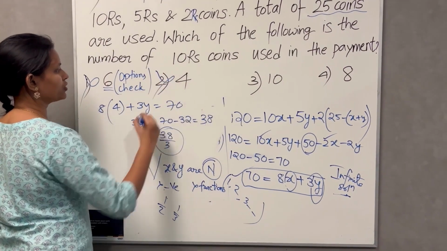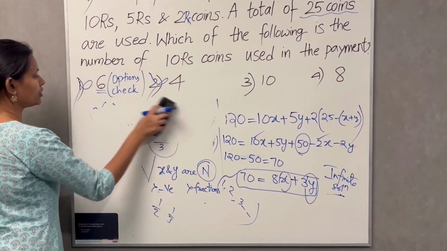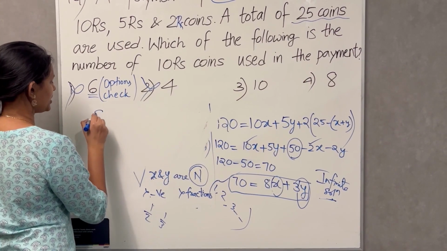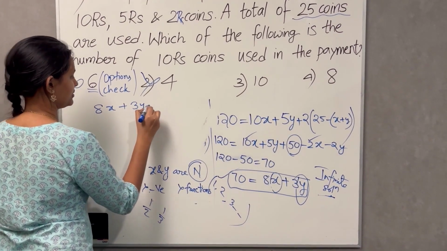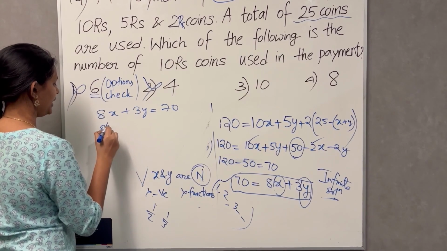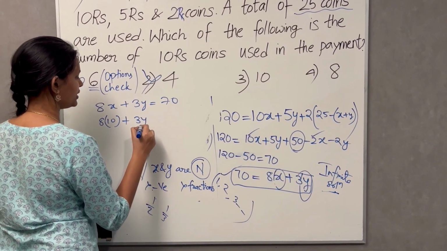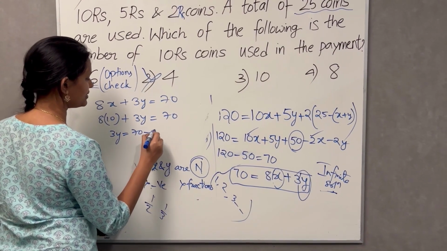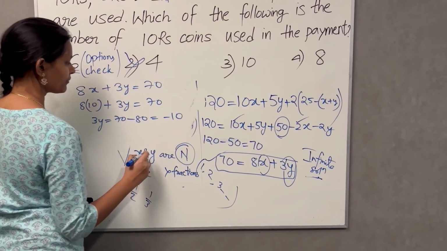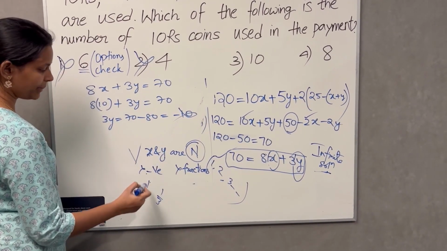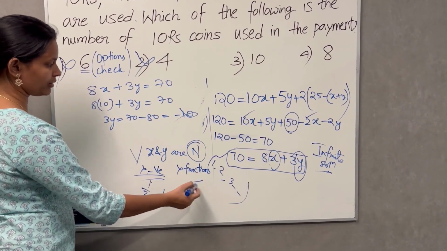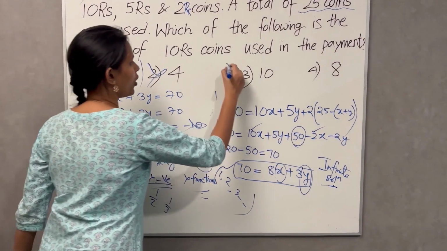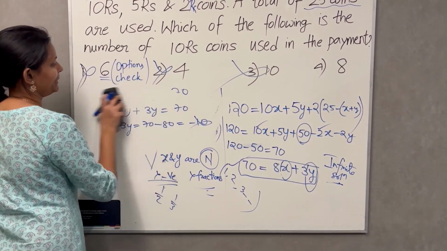So option 2 is also eliminated. Coming to option 3, which is 10, if you substitute 10 for x, 8 into 10 plus 3y equals 70. 3y equals 70 minus 80, we got minus 10, which is not our answer because it cannot be negative or a fraction. We got a negative here and a fraction before. So option 3 is also eliminated.